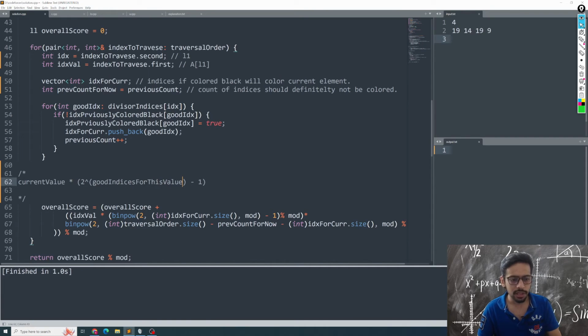So remaining will be n minus any previously seen and the good indices dot size. Okay, yeah, minus this minus the previously seen ones.